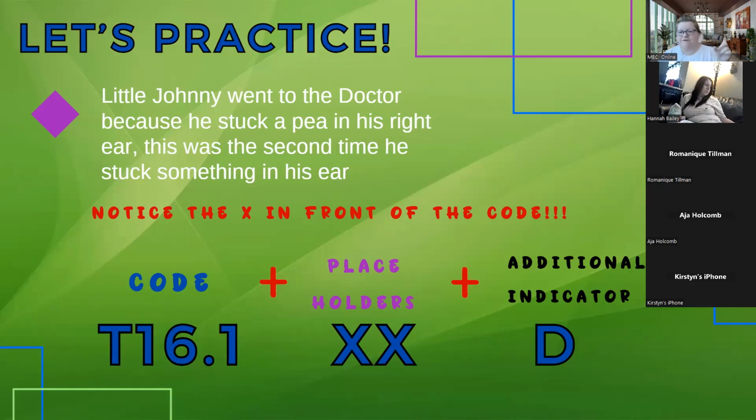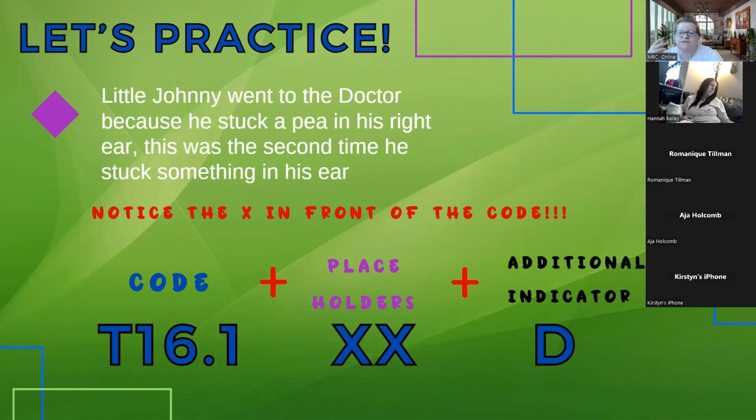It'll be 5 or maybe even 6 if they add that much to it. But for the time being, this is as specific as this code gets. Right ear, left ear, unspecified, right? So T16.1XX and then your indicator, your D.